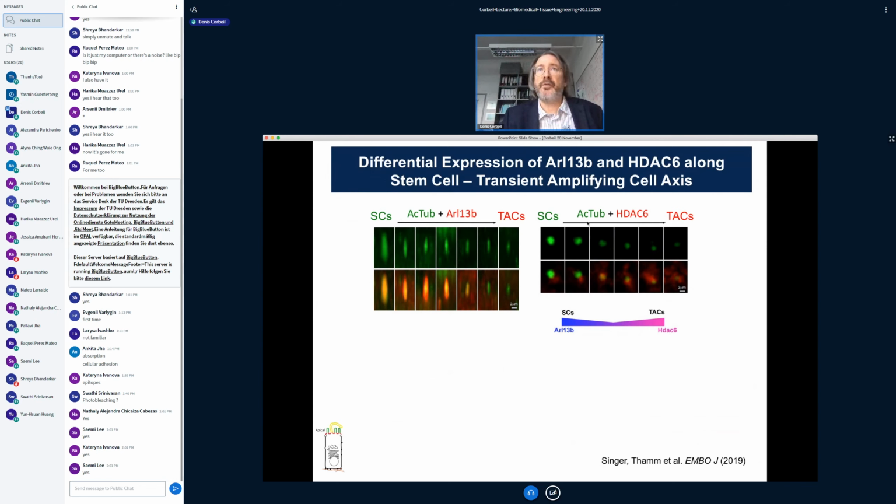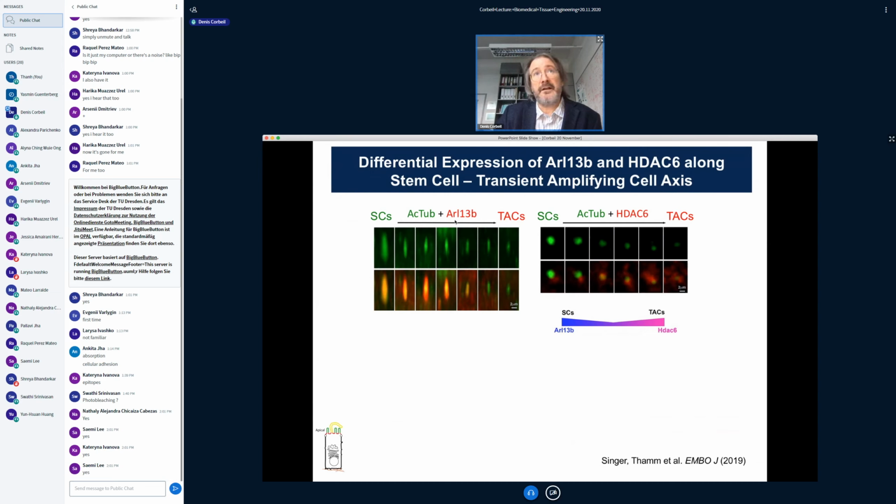This is exactly the opposite of the other enzyme, histone 6. In the stem cell, you have very little of this protein, and the more the primary cilium becomes shorter, the more you have an increase of this enzyme.